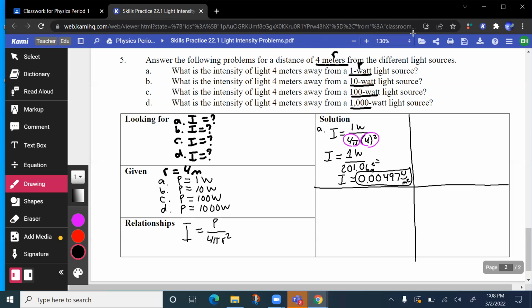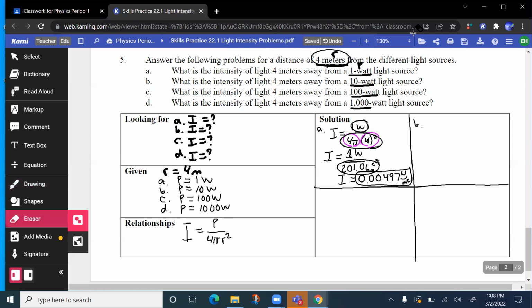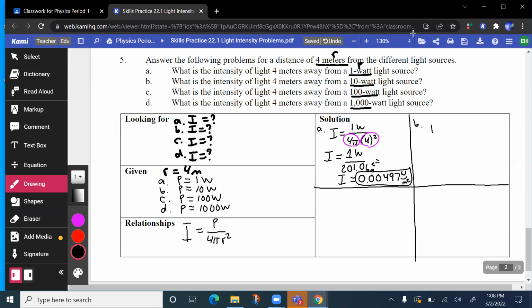Now, notice the bottom number here is going to be the same, 4 pi r squared, for every one because the radius is the same all the time. All we have to do is change the numerator to fit all of the different powers that we're going to do here. So let's do this together. For the next one, we've got our intensity is now 10 watts divided by 4 pi times the radius squared, which would be 10 watts divided by 201.06.